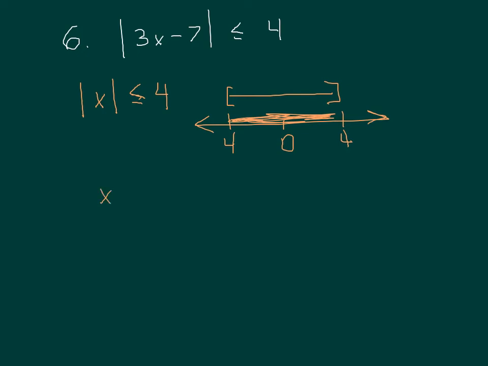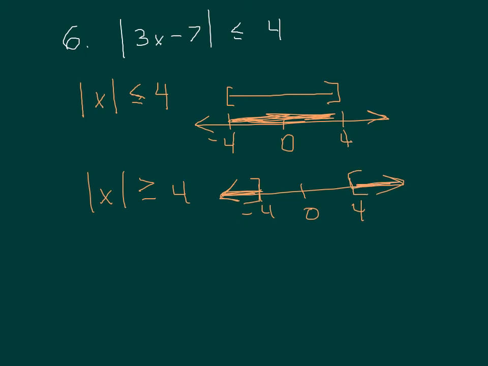If you have the case where your absolute value is greater than that distance, then you have a distance from 0 and your absolute value is going to be everything that's larger than that distance. So if you think of it as a distance and you picture it on the number line that way, then you will know what your solution is supposed to look like.